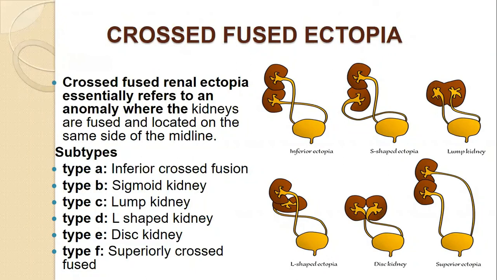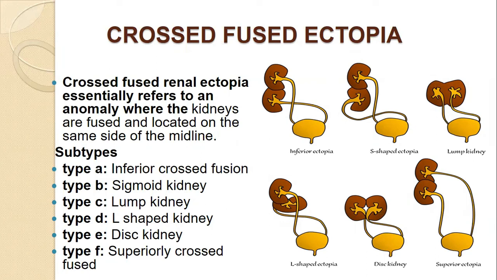Cross-fused renal ectopia essentially refers to an anomaly where the kidneys are fused and located on the same side of the midline. The subtypes: type A is inferior ectopia, where the ectopic kidney is attached to the inferior pole with insertion of the ureter normal. Type B is a sigmoid kidney, like pelvic, S-type.